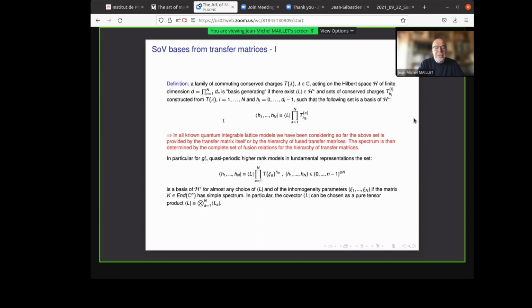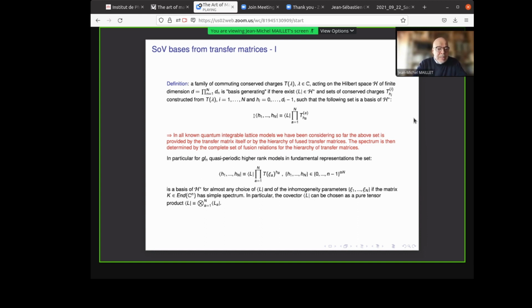It could be powers, it could be evaluation at some point, it could be fusion, whatever. You will see several examples in the following. Such that when you consider this set, where you apply the product of your conserved charges for various values of h_a, ranging from 0 to d_a minus 1, and the product of the d_a's is the total dimension of your Hilbert space, then this is a basis. So if you have such a situation, I would say that you have a family that is basis generating.